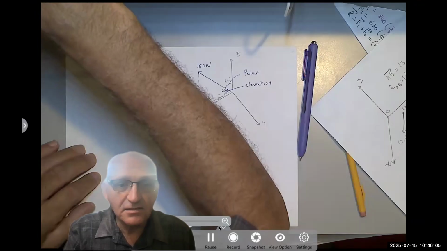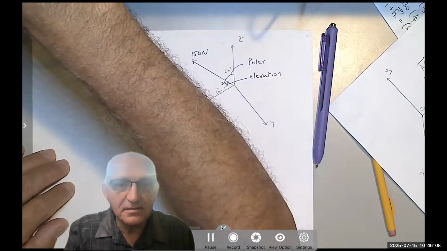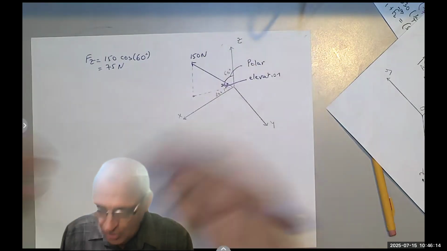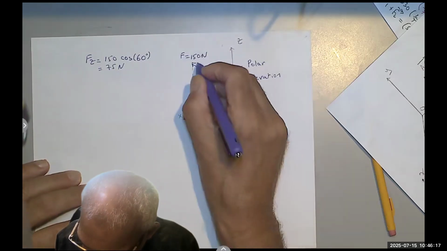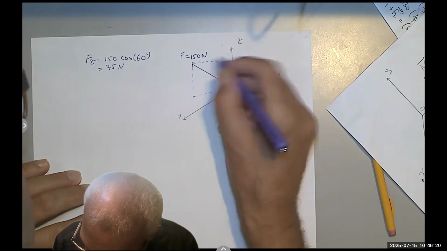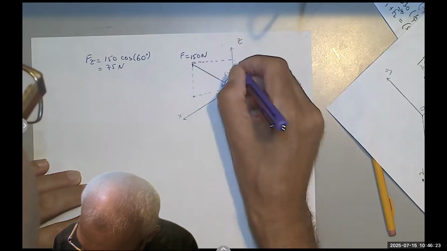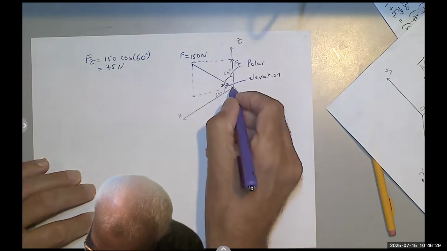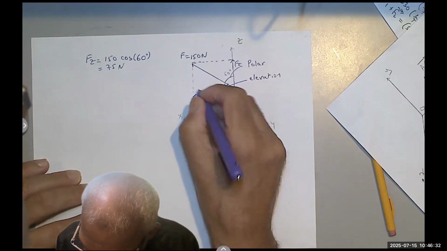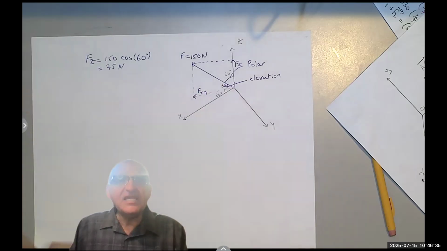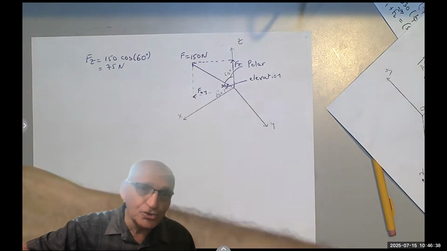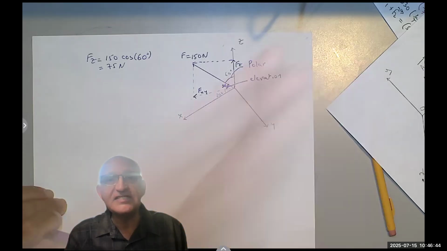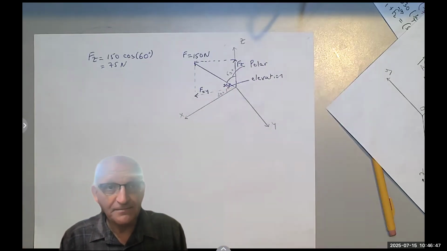Then let's enlarge it a little bit so you can see it better. Then I'm going to project it onto the XY plane. So if this is F and we call that F sub Z, then the dotted line would be F sub XY, meaning the projection of the force onto the XY plane, just like F sub Z is the projection of the force onto the Z axis.